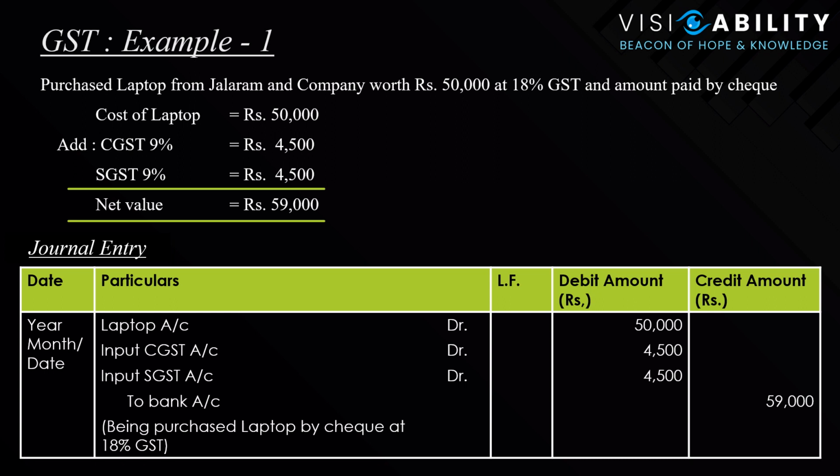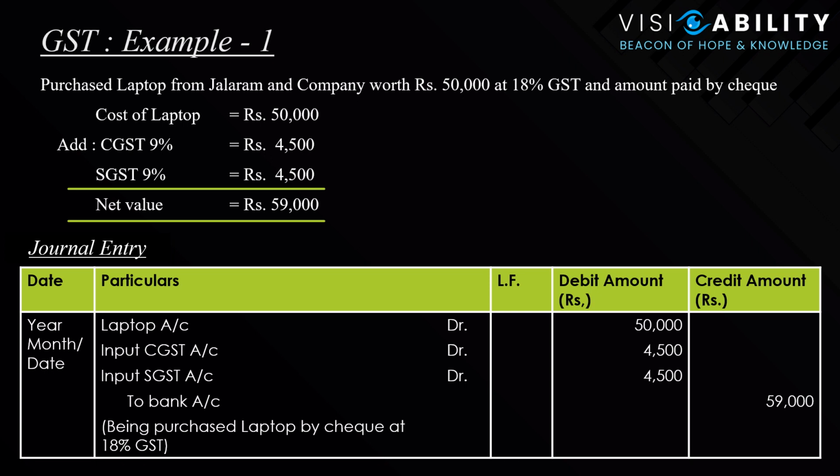We have removed the two zeros at the end of the figure. 500 is 1%. Obviously 9% would be 500 multiplied by 9, and that comes to 4,500. So that's how we calculate the GST over here. So 4,500 for CGST and 4,500 for SGST. Total comes to 59,000.